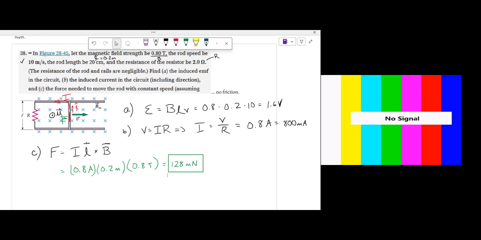According to Lenz's law, the induced moment opposes the change in flux. Okay? Opposes the change in magnetic flux. The magnetic flux is increasing going into the screen. And if I'm opposing that increase into the screen, it means I have to induce a moment out of the screen.